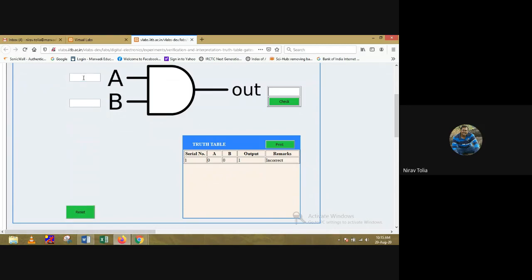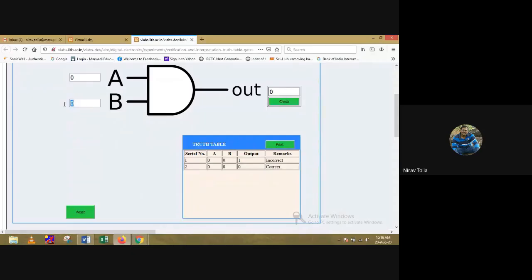Now again, suppose both the inputs are 0, and my output is also 0, and you have to check. My input A is 0, B is 1, and output is 0. Again you click on check, and it tells you that you are right.